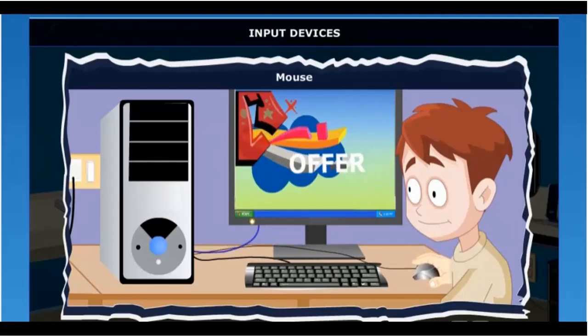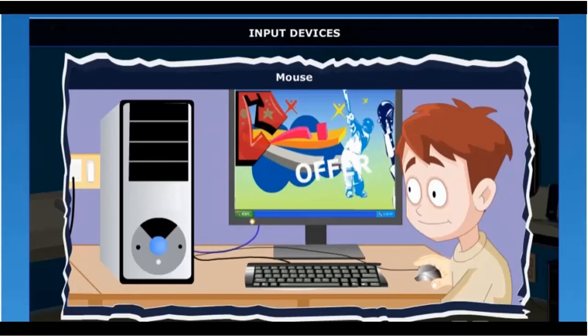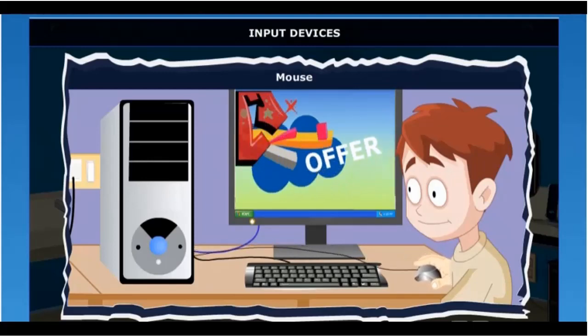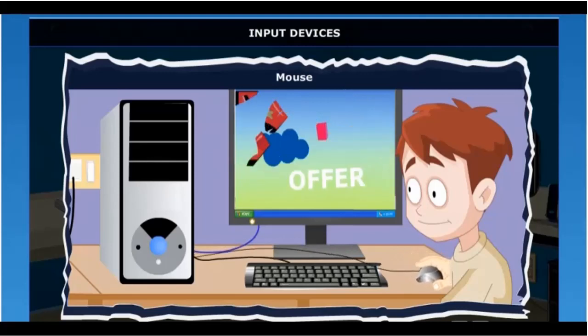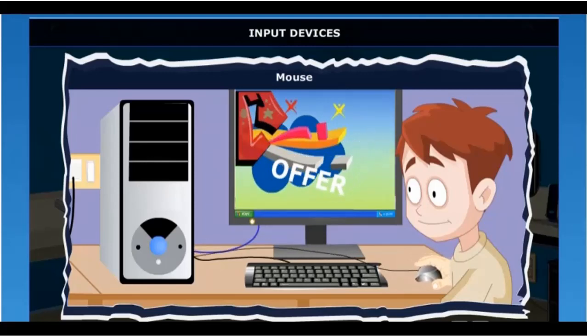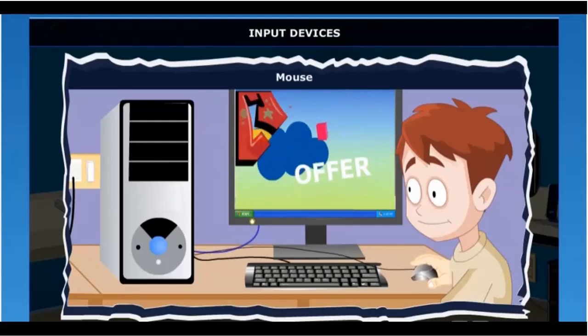As the ball is moved over the surface in any direction, a sensor sends impulses to the computer that causes a mouse-responsive program to reposition a visible indicator called a cursor on the display screen.